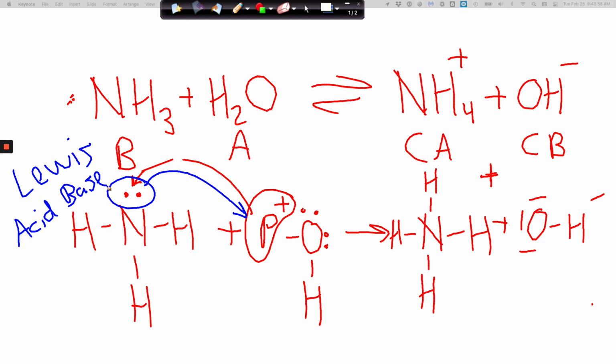And so when Lewis started thinking about acids and bases, he said, Bronsted-Lowry, you're right. Acids give away protons and bases take them in. But if we shift our focus to the electrons, then the bases actually donate electrons and the acids take them in. So in the Bronsted-Lowry sense, this is an electron donor and this is an electron acceptor.